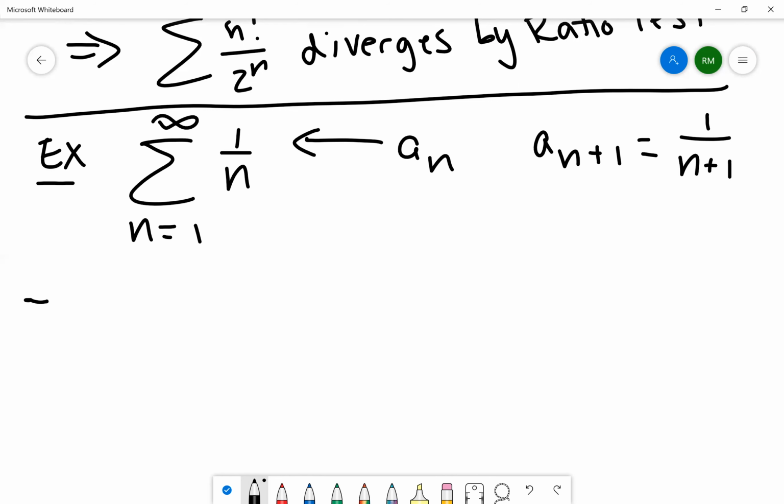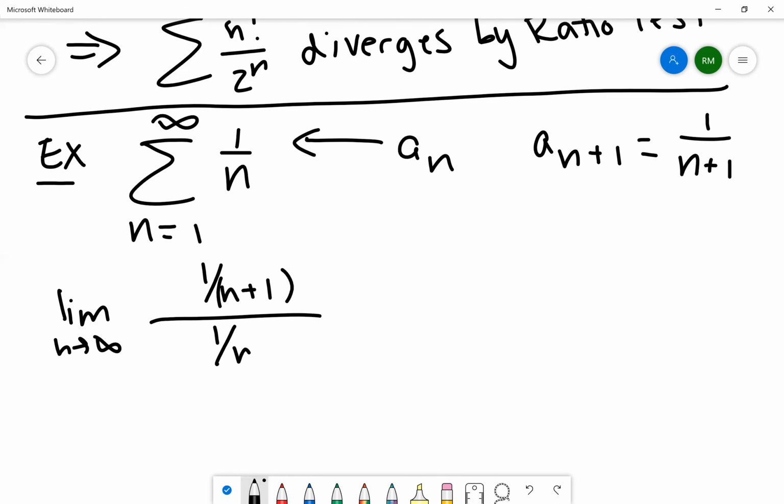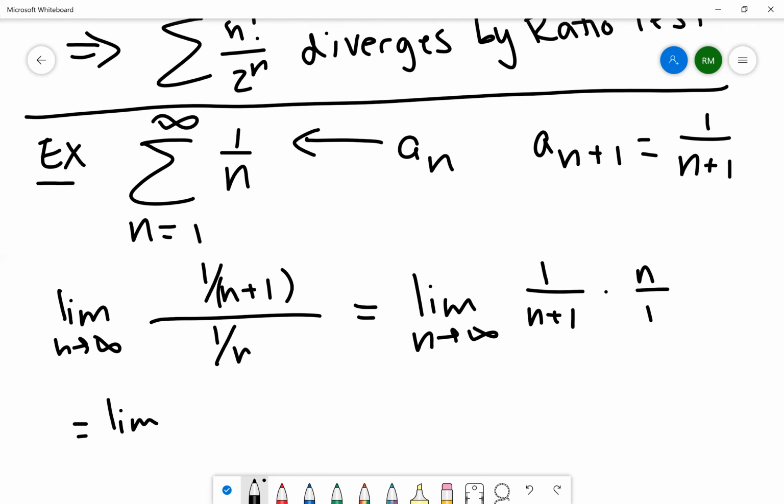And so we need to take a limit in order to use the ratio test. So we do the limit as n goes to infinity of 1 over n plus 1 over 1 over n. And if I do the algebra, this becomes 1 over n plus 1 times n over 1, which is the limit as n goes to infinity of n over n plus 1, which is 1.